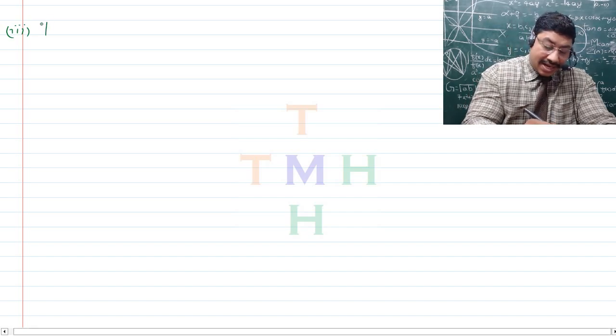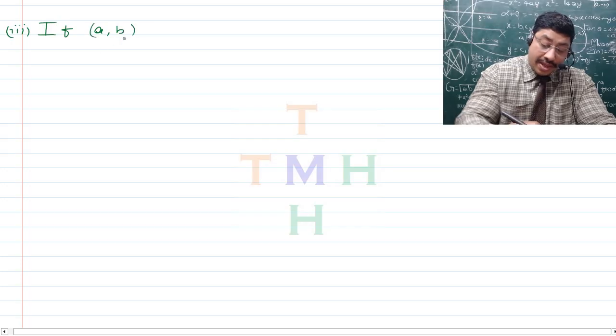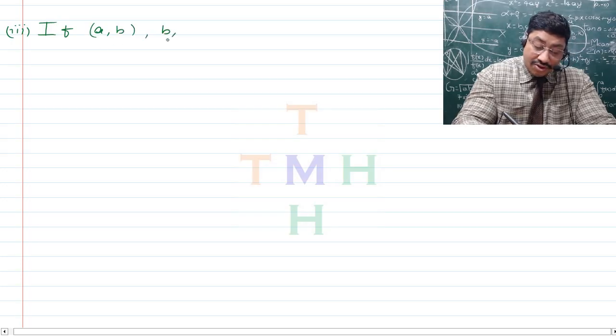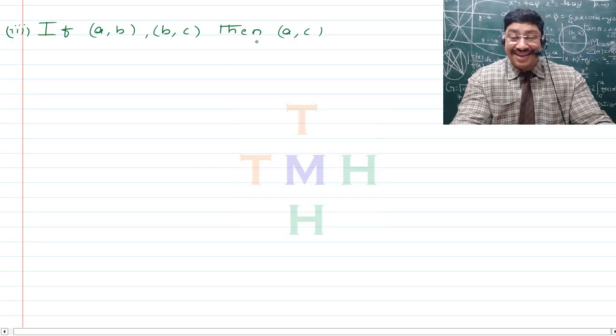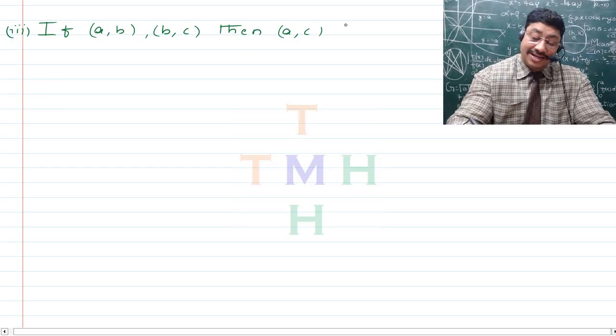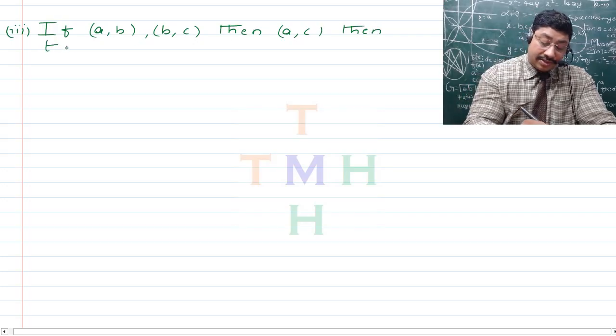That is, you will say that if we have (a, b), which is an ordered pair, and we also have (b, c), which is another ordered pair, and then we check for (a, c), which is the ordered pair. If it holds, then you can say that the relation is transitive. Otherwise not.